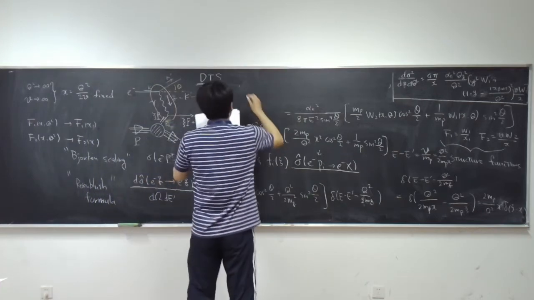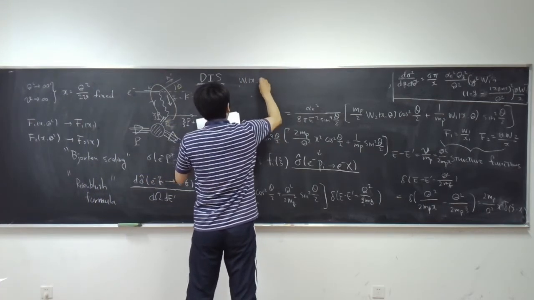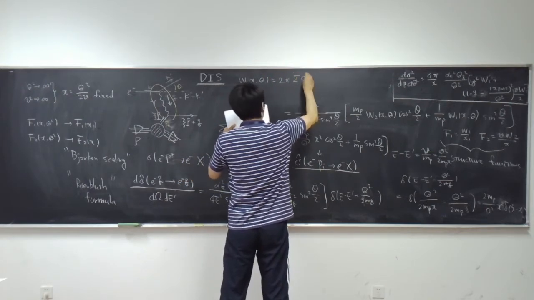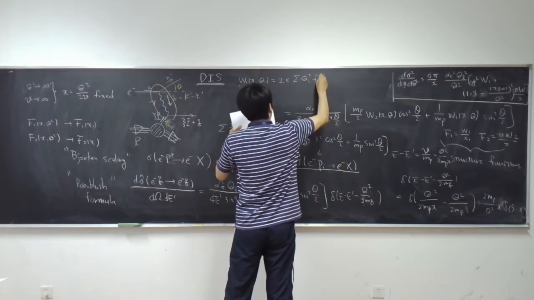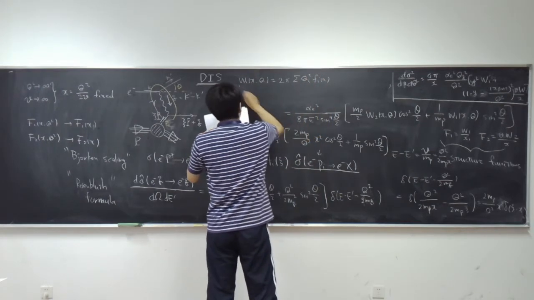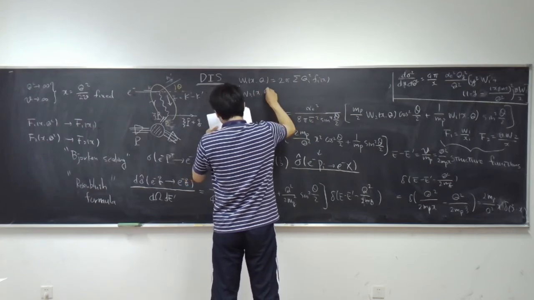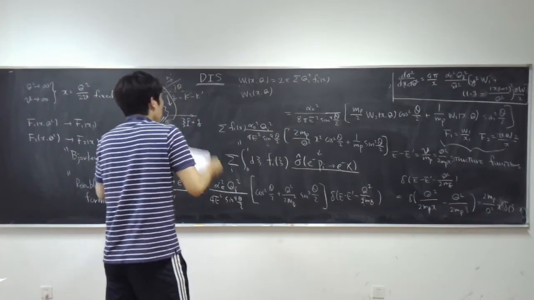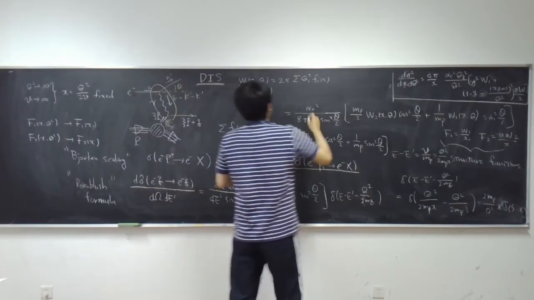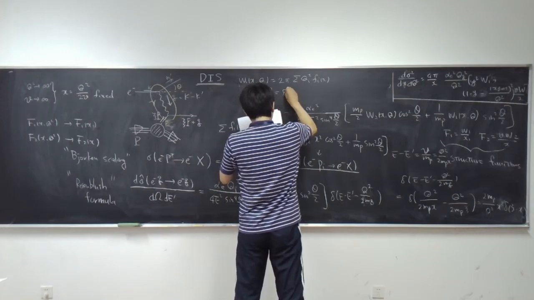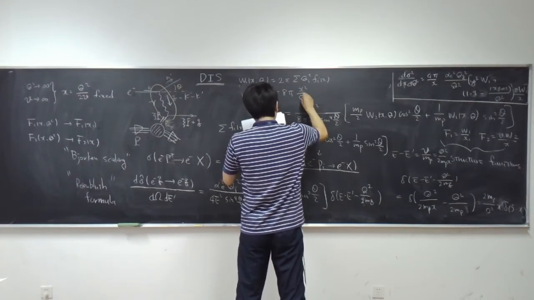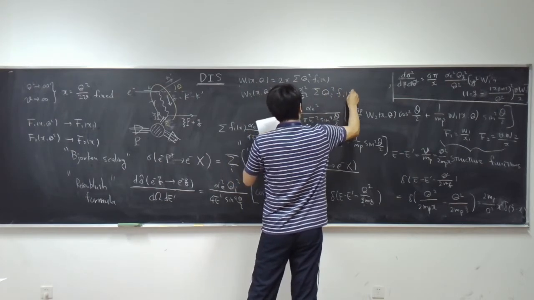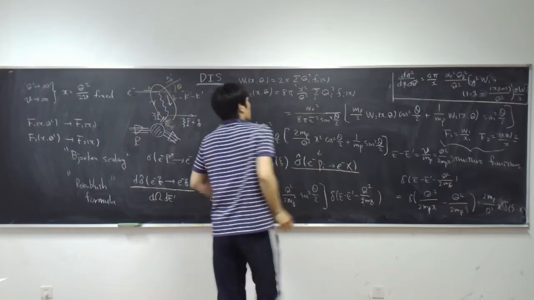this W1 is equal to 2 pi sum of q_i squared f_i of x, and W2 over x cubed is equal to 8 pi x squared over Q squared sum of q_i squared f_i(x).